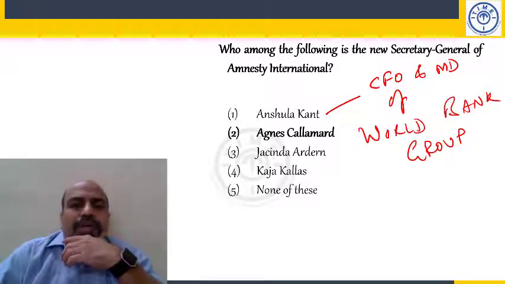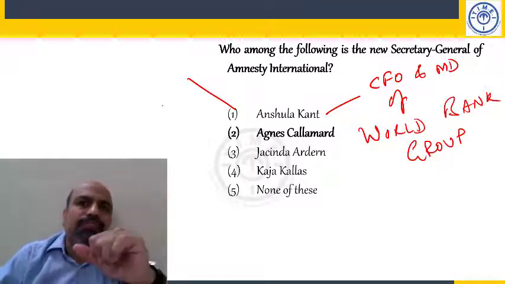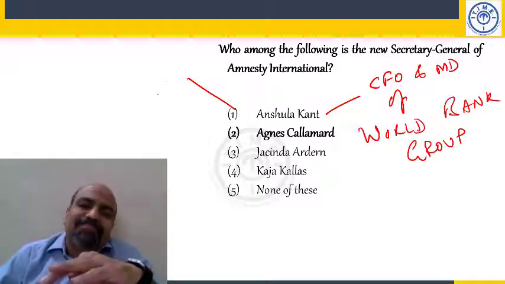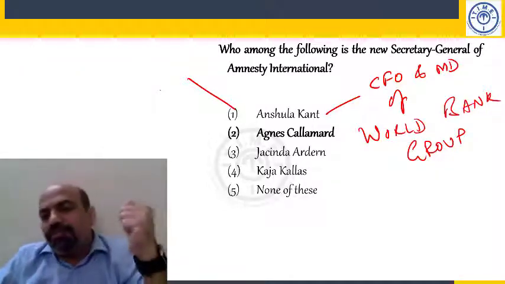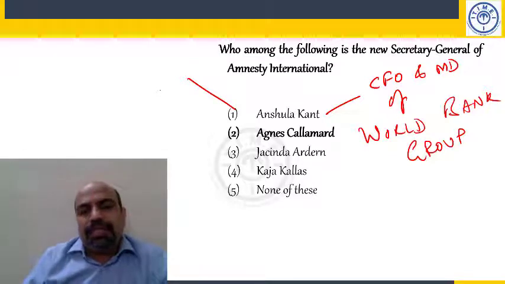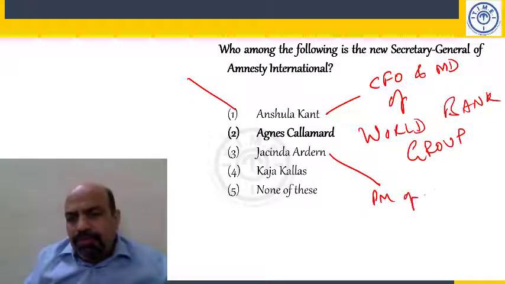She is a former SBI employee. She joined SBI as a PO. She is now the Chief Financial Officer and Managing Director of World Bank Group. Next, you want to know Jacinda Ardern? Chalo koi baat nahi. Prime Minister of New Zealand.